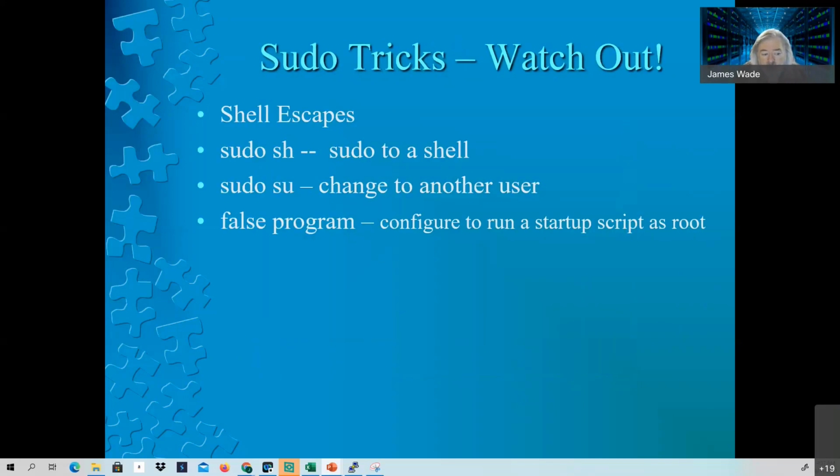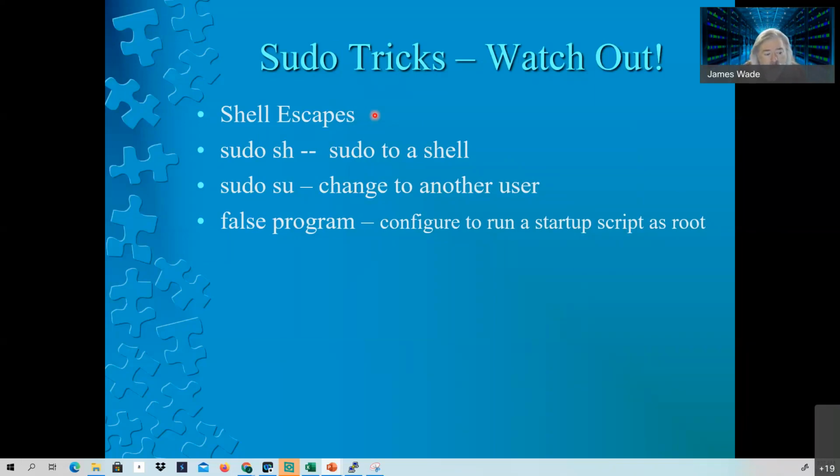There are tricks you have to watch out for. Shell escapes: that's where somebody says, I've got a script, I need to run it as root, and you say okay, let me put it in the sudoers file. They then still have edit privileges on that script, so they can go in and put in a shell escape.